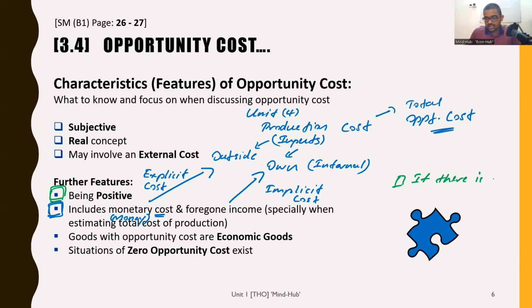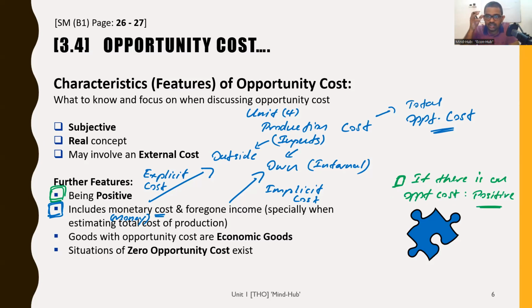If any activity has an opportunity cost, then we say opportunity cost is positive. The word positive is to give the meaning that we are actually giving up something, so there is an opportunity cost.